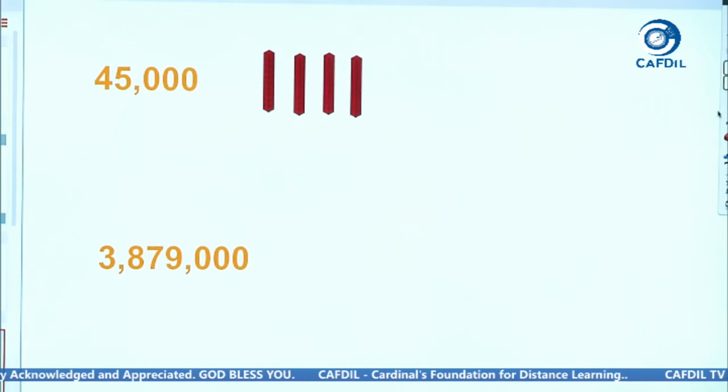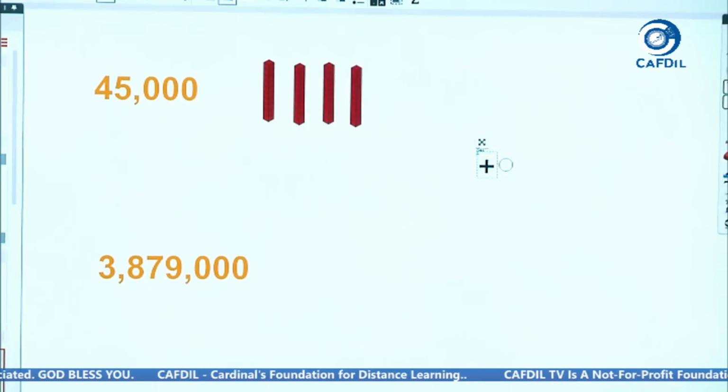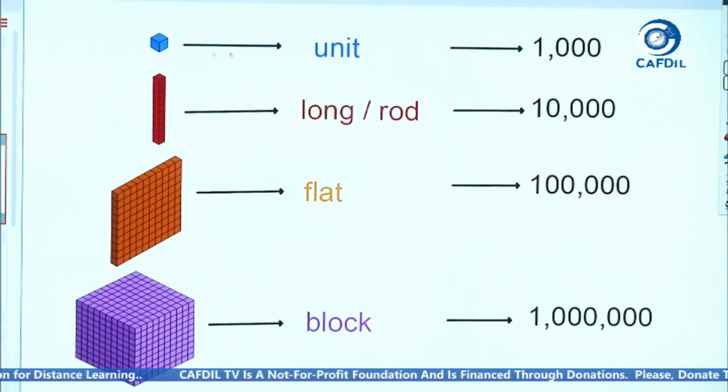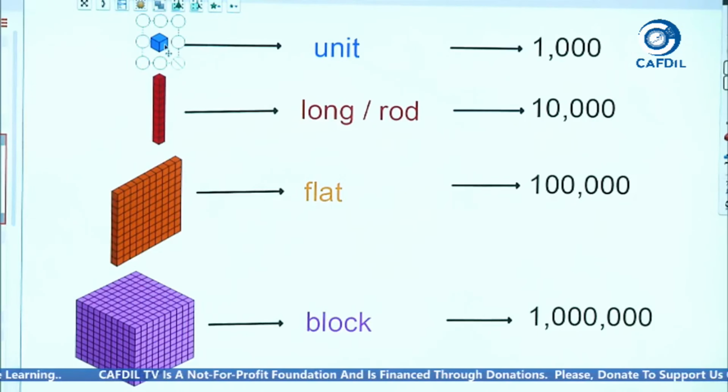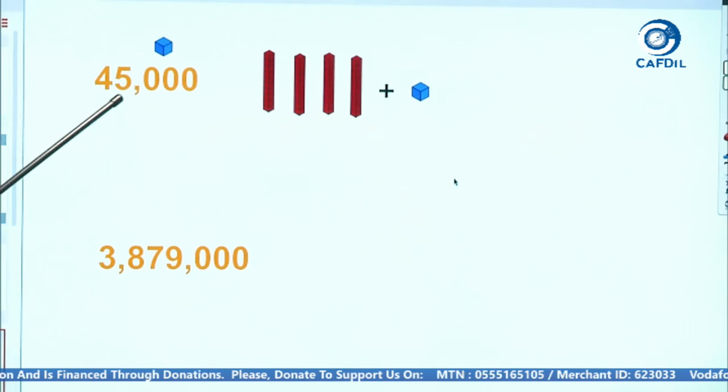Good. So I have my 4 longs plus, what do you think will be the next one that we'll use? Yes, it's the units. And how many units? 5, because we have 5,000.